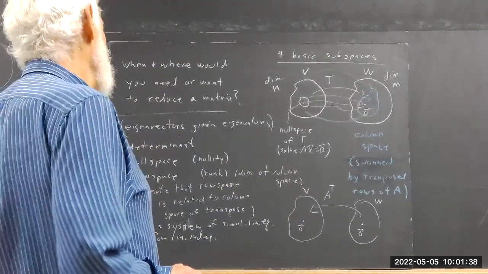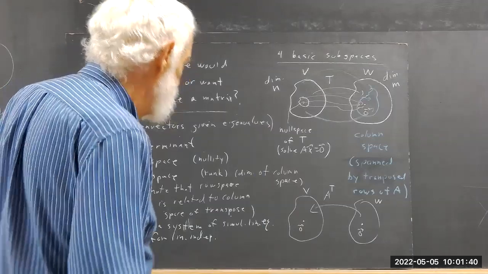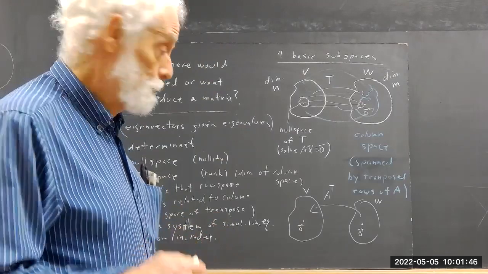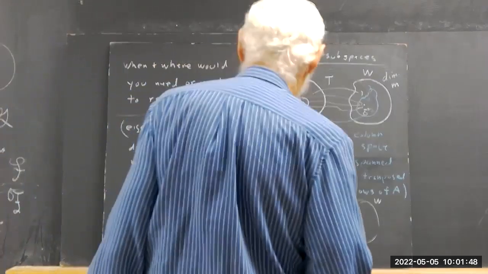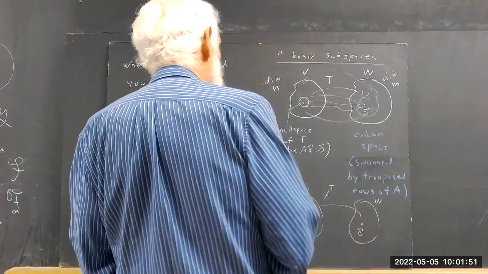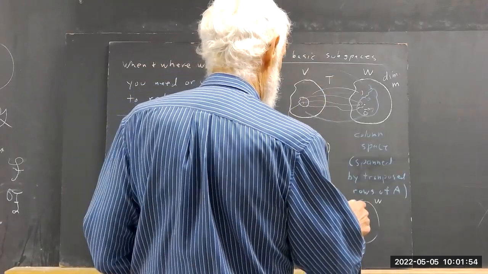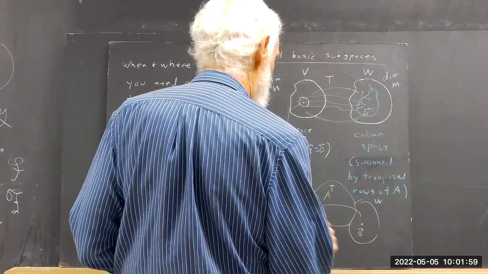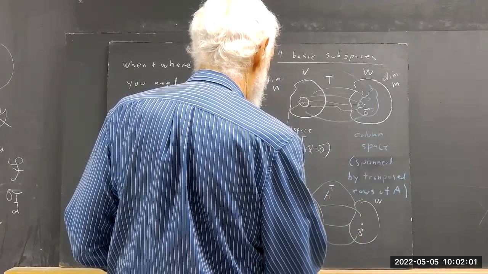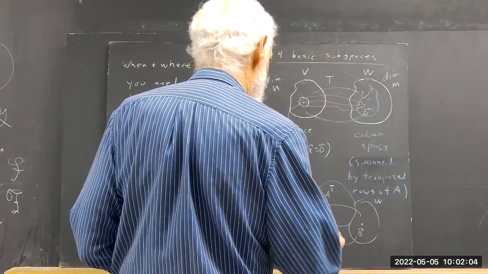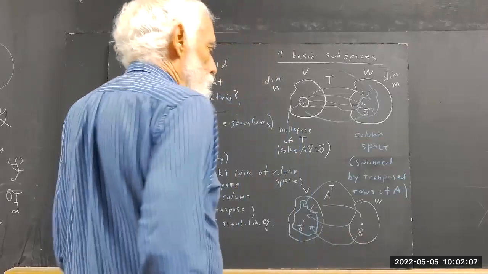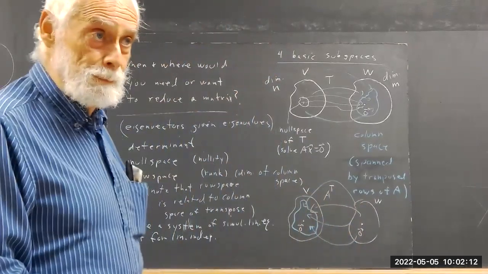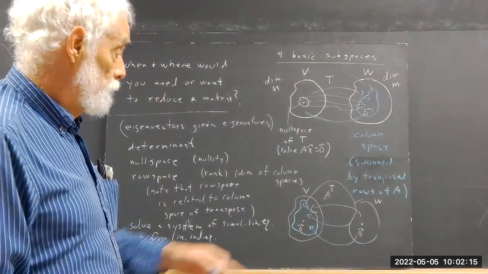The column space of the transpose is what? So in a manner similar to this, the transpose maps all of W into the column space of V. Okay.